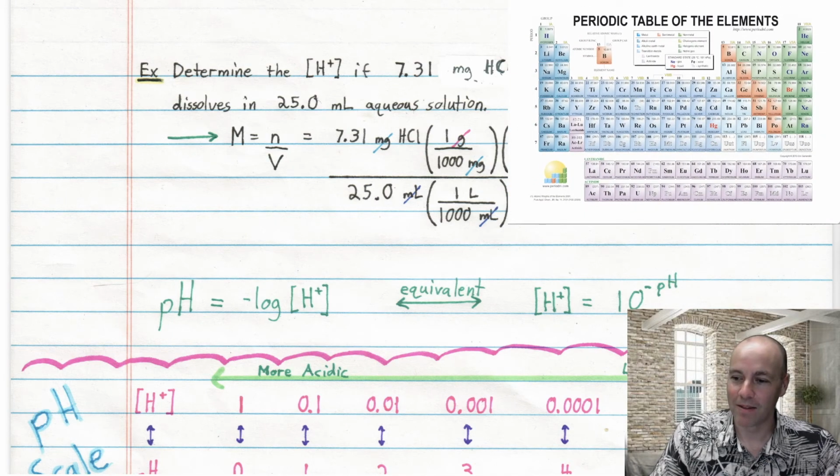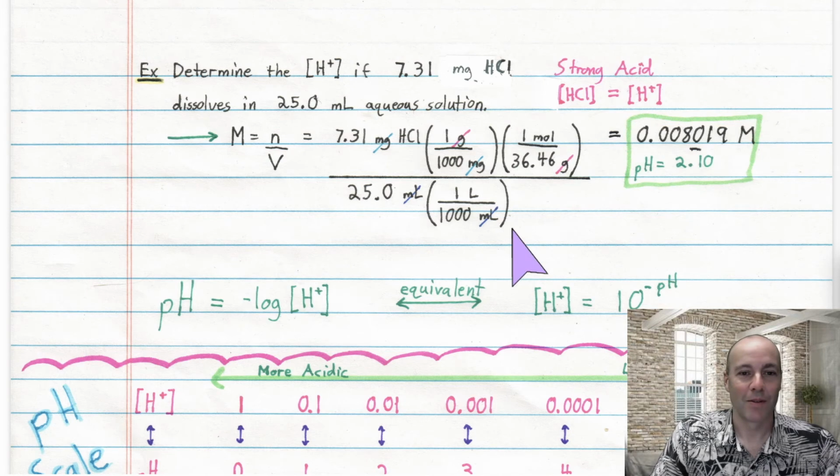You probably remember that. So here's your mass, convert it to grams, convert grams to moles, and that up there is the moles of HCl. Now we need to divide moles by liters. So take your 25 milliliters and convert it to liters, and that goes in the denominator.